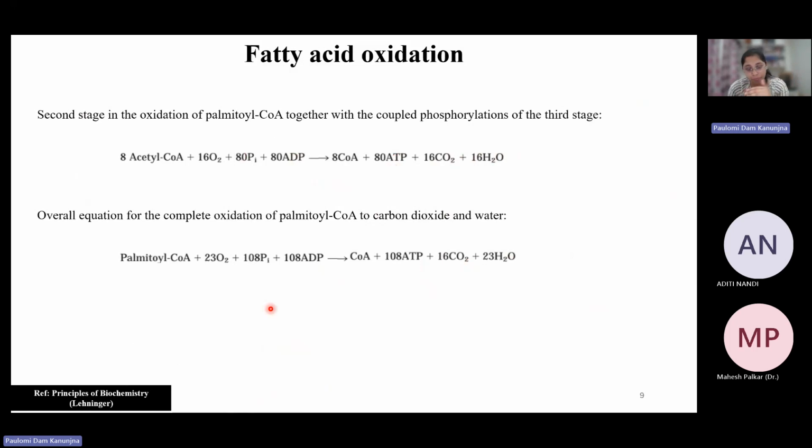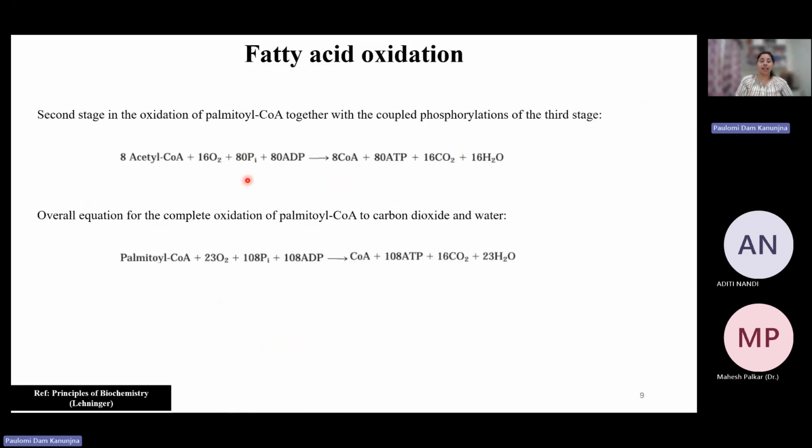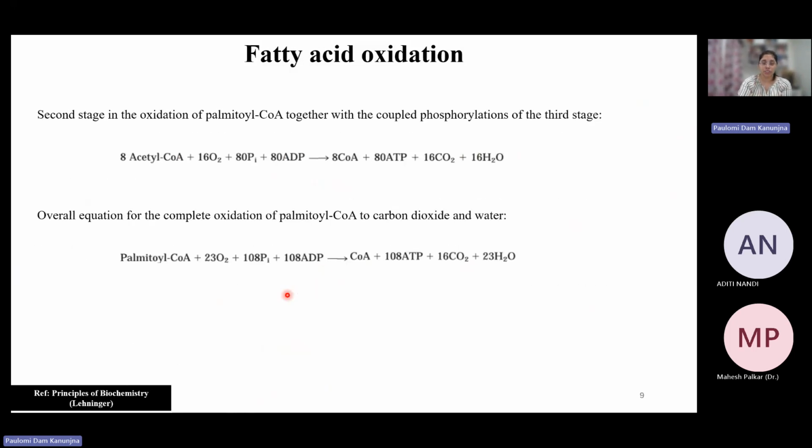So if you look into the overall stoichiometry for stage 1, stage 2, stage 3, this is the overall for all the stages, this is for stage 2 and this is for stage 1. I am not going into details, but it is on the slide. When you are done with your calculation of how many CO2 have been generated, how many O2 will be used, how many ATP will be generated, this is how it will look. But it is all following the basic stoichiometry that we have just covered.